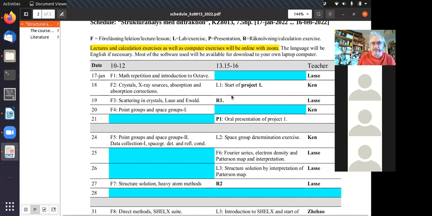Otherwise, these calculation exercises, as I said, they are selected from the lecture notes. Some is just training to do some calculations. It's not necessarily so that you need to hand in something, but there will be Eric and people on Wednesday.